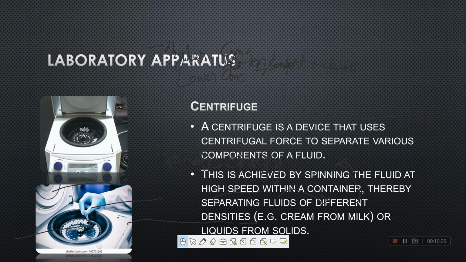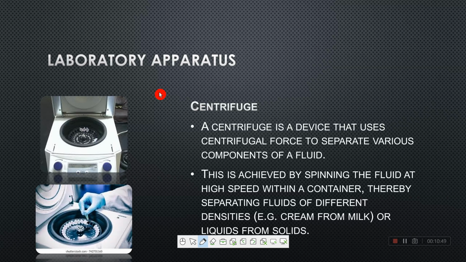Next one is the centrifuge. Here you can see the centrifuge. Alright, so a centrifuge is a device that works on the centrifugal force. It is generally used to separate the different components present in a liquid.